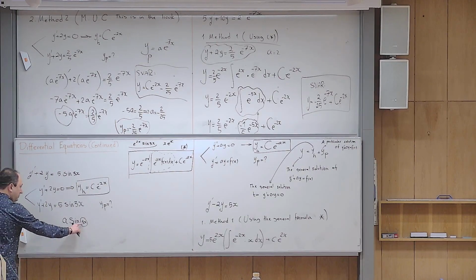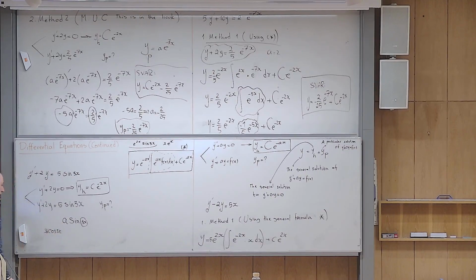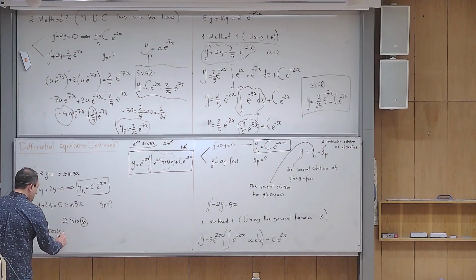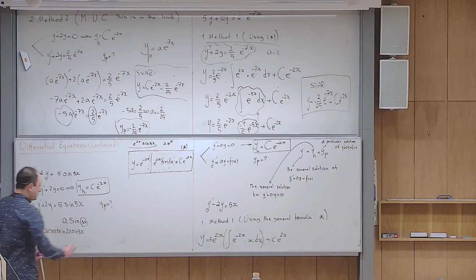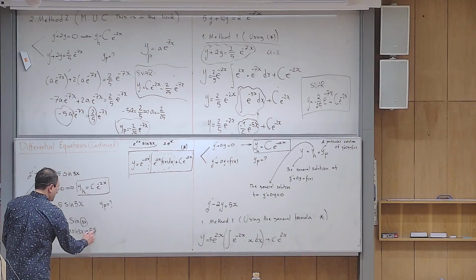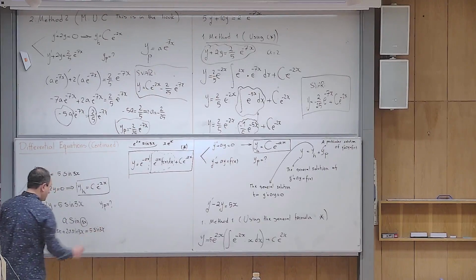And then you have to multiply by the derivative of the inside, which is 3, and you have an a here reserved, so it becomes 3a cosine 3x. And then you copy and paste this one, which becomes what? 2a sine 3x.